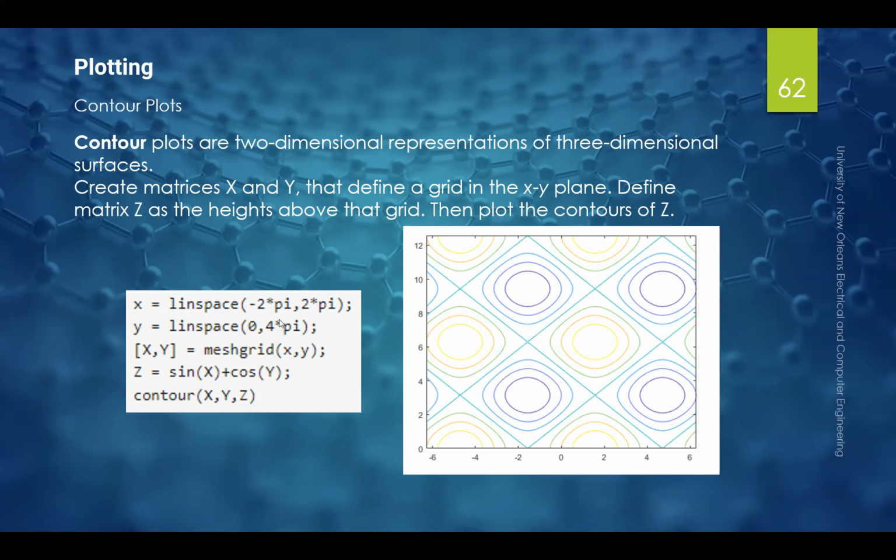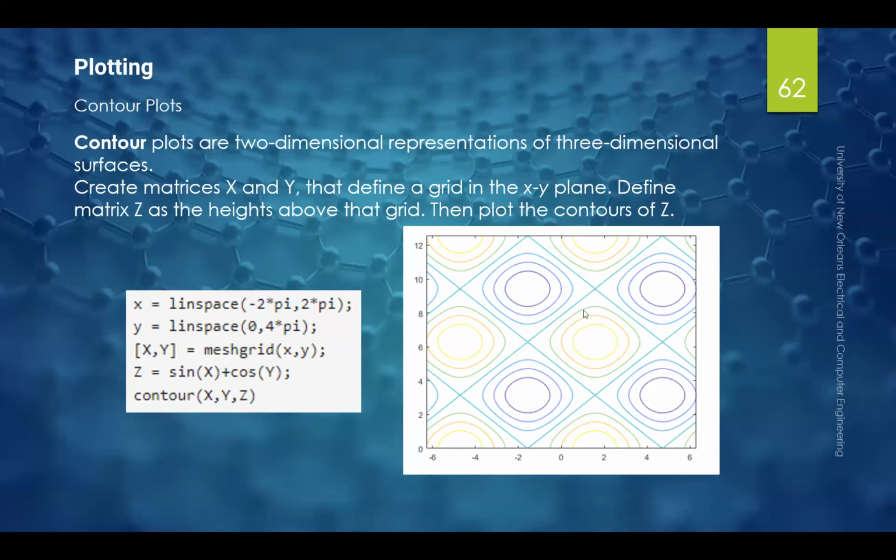We have X going from minus 2 pi to pi, and Y going from 0 to 4 pi. So we define X and Y, and then we use meshgrid to help MATLAB understand where the points are going to go. And then using these matrices X and Y, the function will understand where to put all those points, because it understands that it's going to be using a three-dimensional view, if you will.